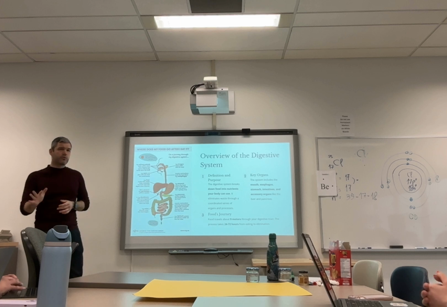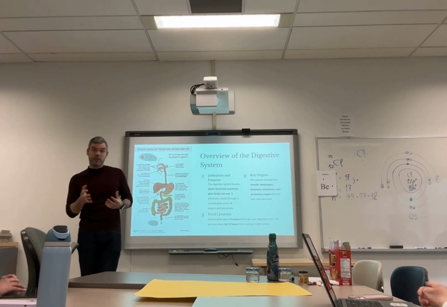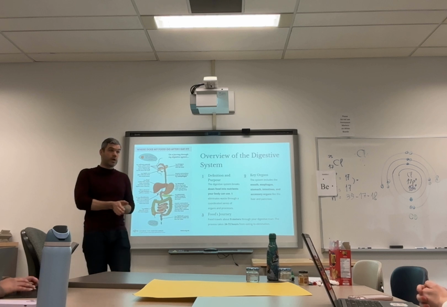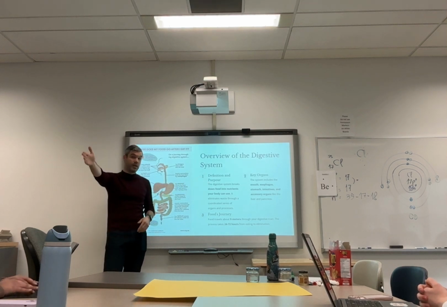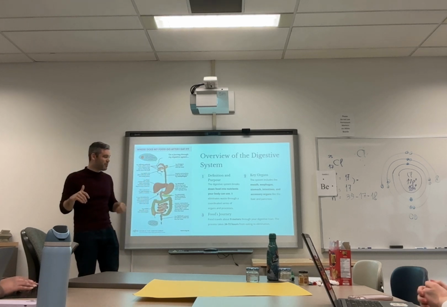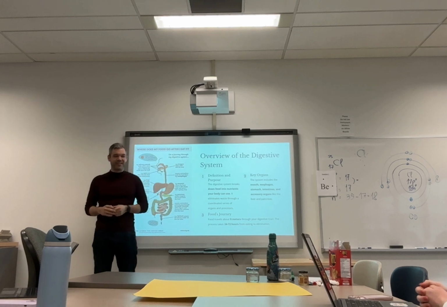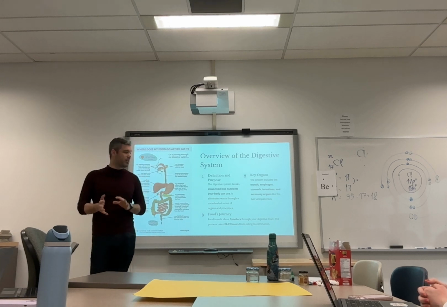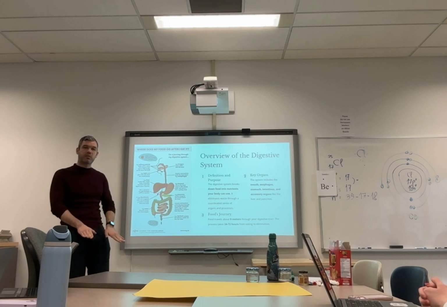And I'm not sure if we mentioned this last time, but our entire digestive system, if we were to stretch it all out, is 9 meters long. So it's literally the length of this classroom, and possibly almost twice the size of this classroom, which is pretty wild. And if we ate a cracker, such as the ones we have here, it would take about 24 to 72 hours to fully digest and get through that system.